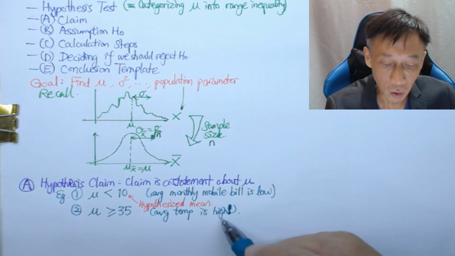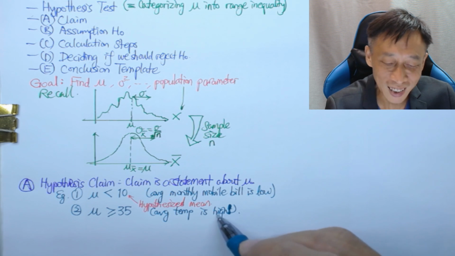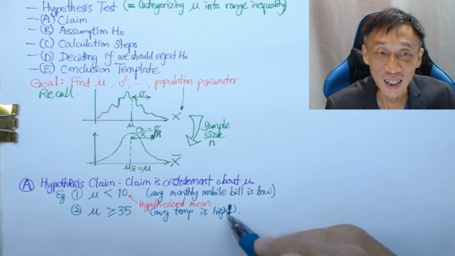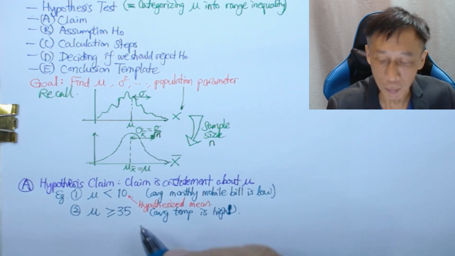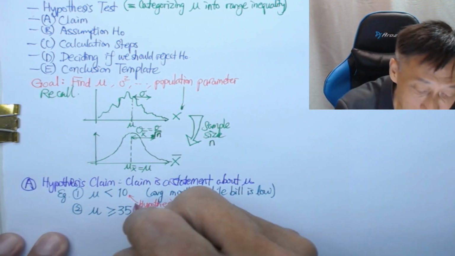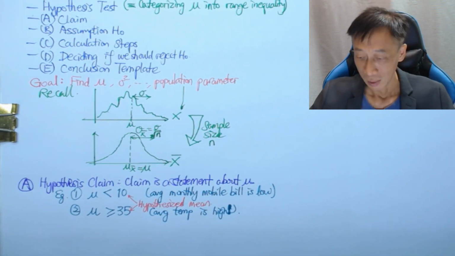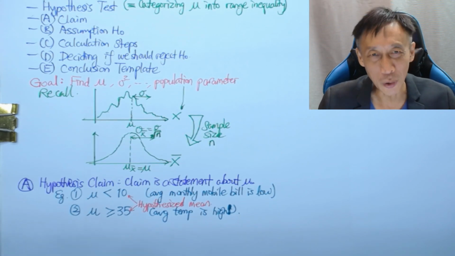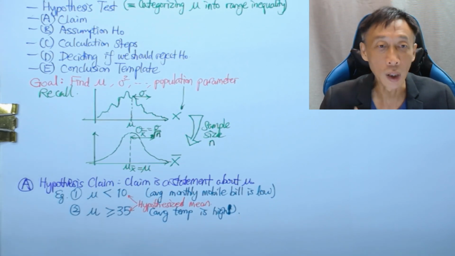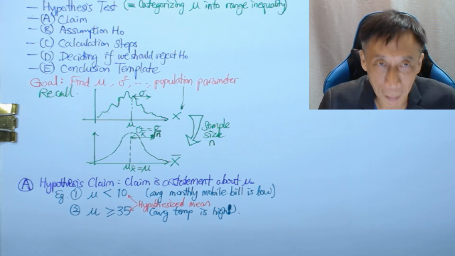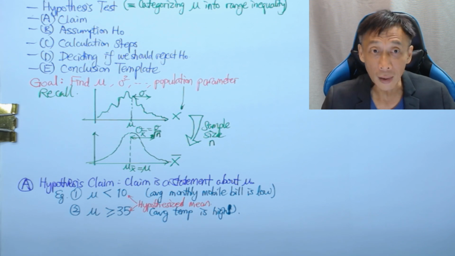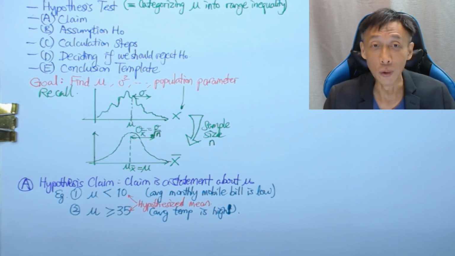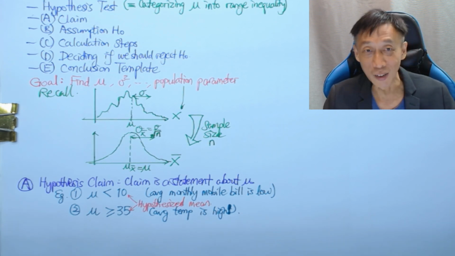So we are quantizing this high into a number. So again, a hypothesized mean. We have the liberty. I won't say the authority, but you can choose. Okay, you can choose to say high means this. Now, if you choose a nonsensical number, like temperature is high, so greater or equal to 100 degrees.